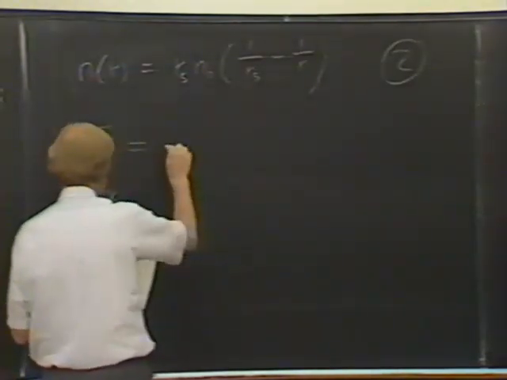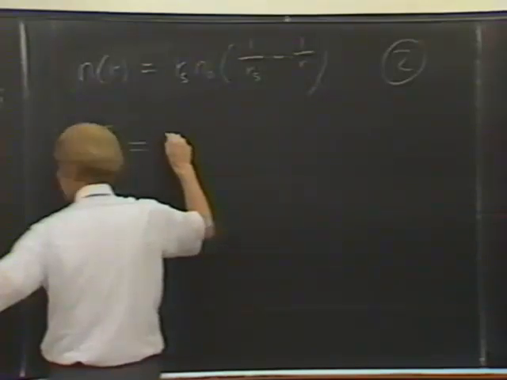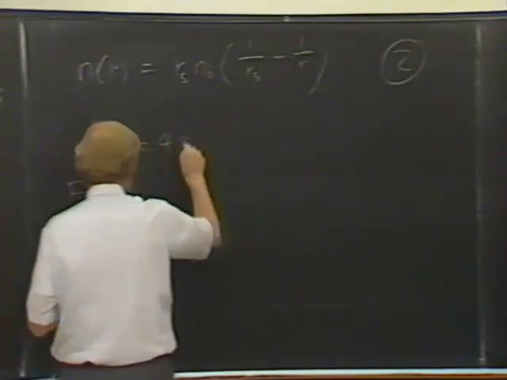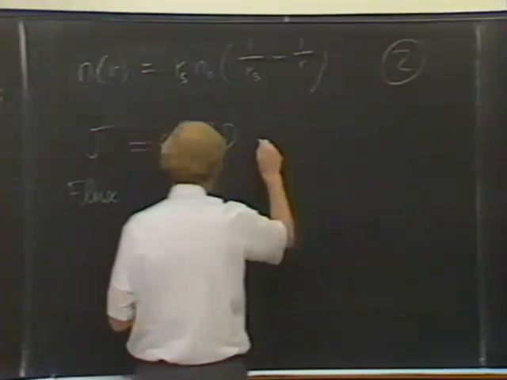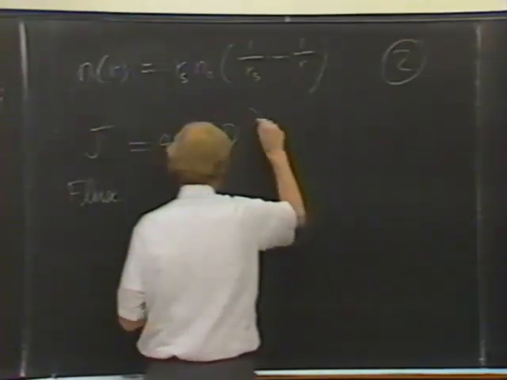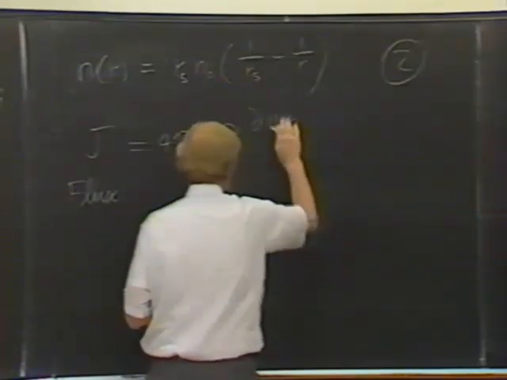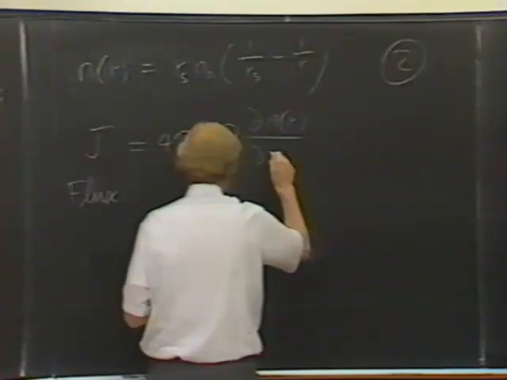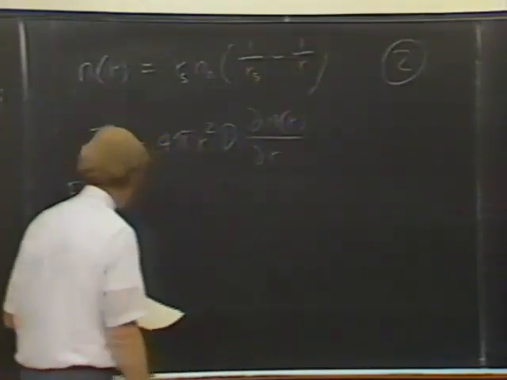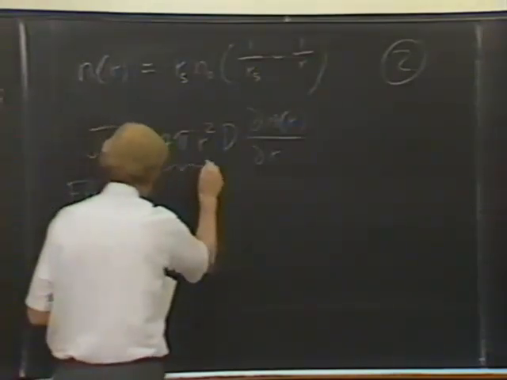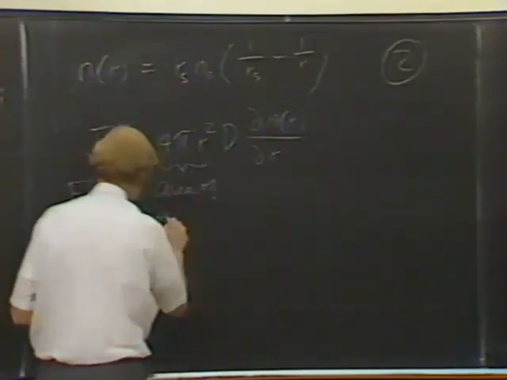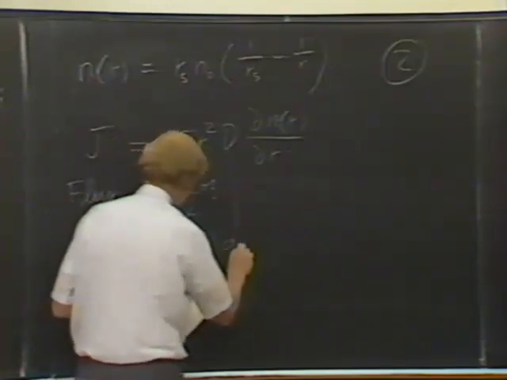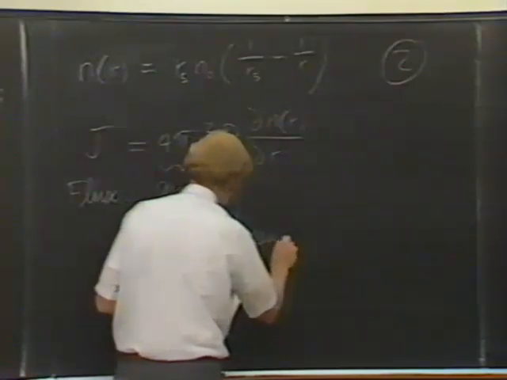The total flux toward it has to include the surface of the sphere, which is 4 pi r squared, times the diffusion coefficient D, times the concentration gradient, which is dn at r divided by dr. So this is the area of the sphere, the diffusion coefficient, and this is the concentration gradient.